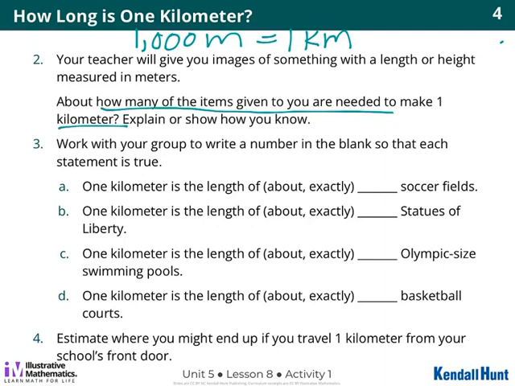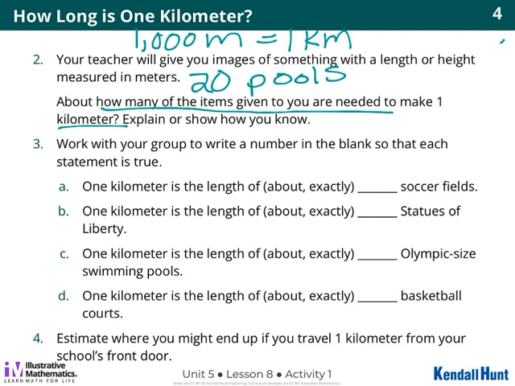Anybody want to explain why it would be 20? Because 50 times 20 equals 1,000. If we had 20 50-meter pools, we would get 1,000.